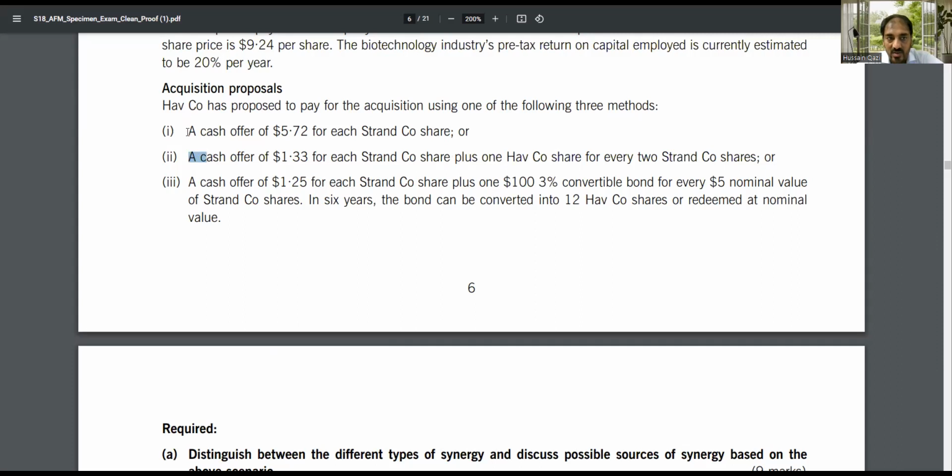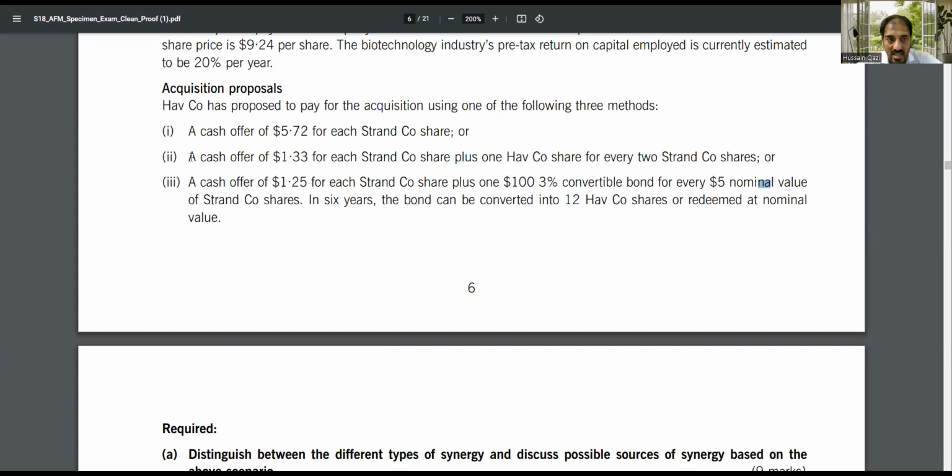That is requirement one, we have done. The company has offered to pay for the acquisition using the following three methods. Cash offer 5.72 for each Strand share, we have done. Cash offer 1.25 for each Strand share, plus $100 convertible bond, $5, and 6-year bonds are converted to shares or redeemed at nominal value.